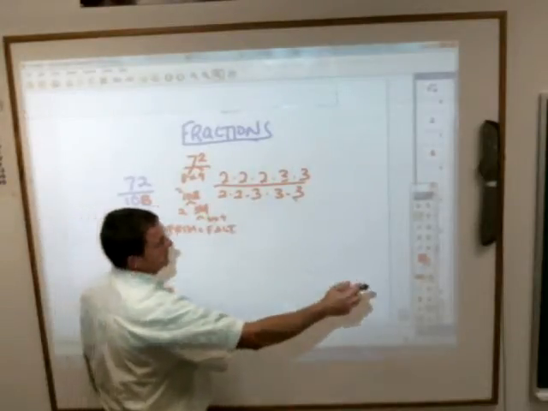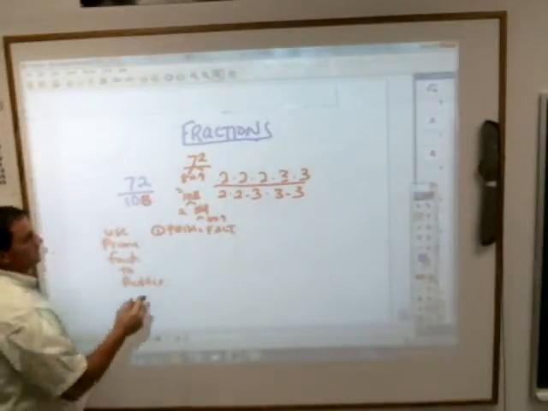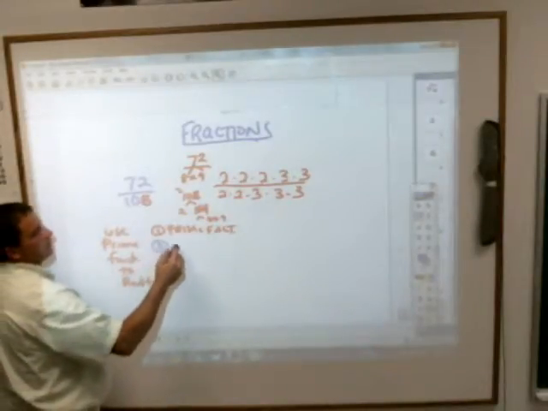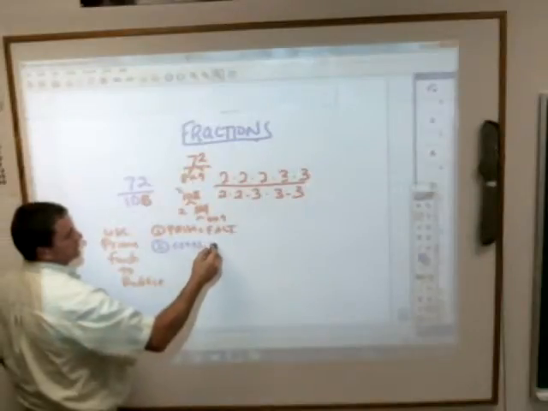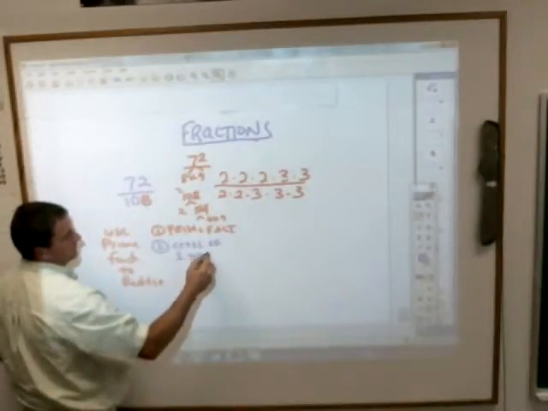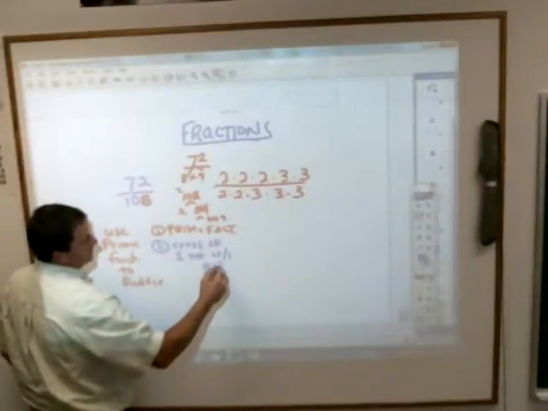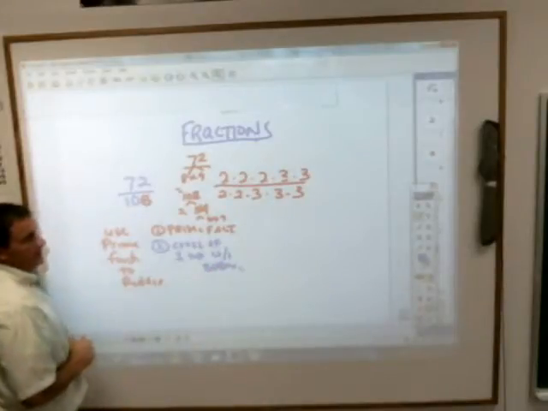Once you get to this point, do you remember what we do? Step number 2 then is you can cross off 1 top with 1 bottom, as long as they're identical.